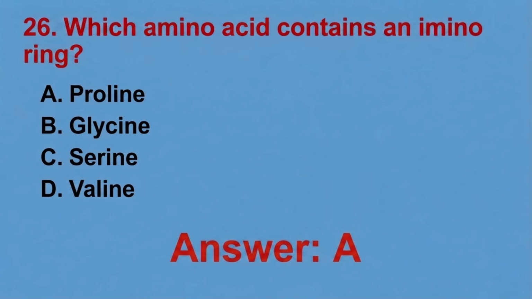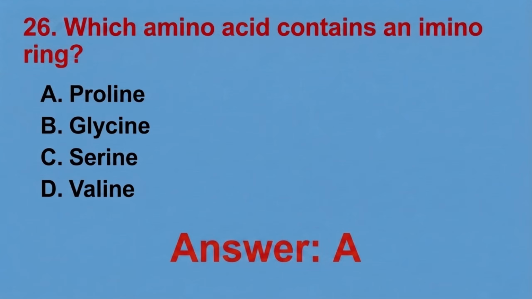Option B is wrong because glycine is the smallest amino acid and has only a hydrogen atom as its side chain, and it does not contain an imino ring.